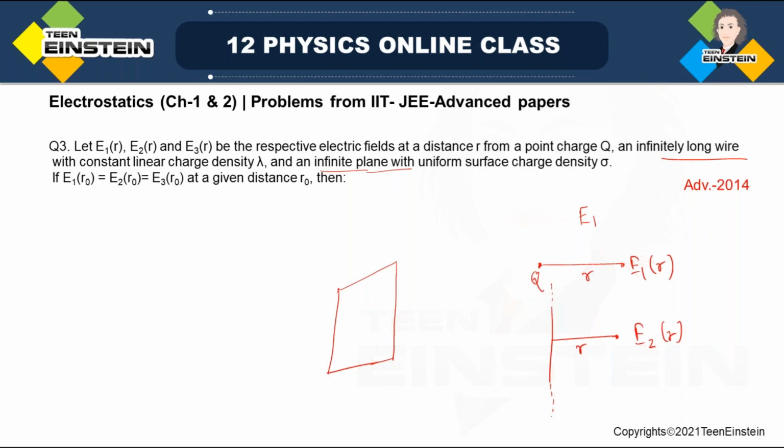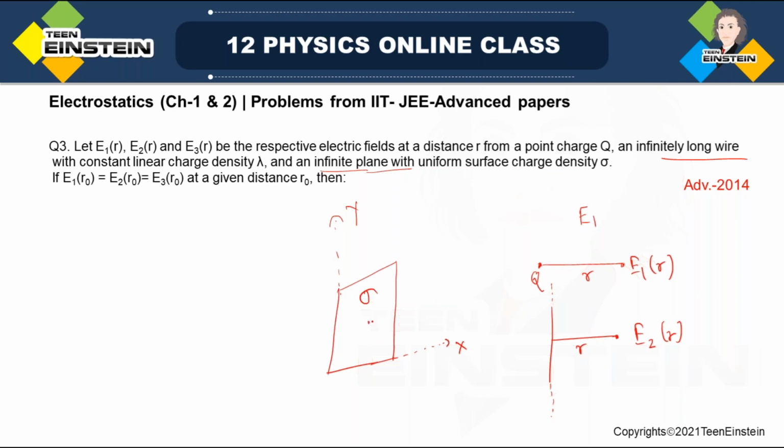Infinite plane means both the directions. Plane has two dimensions, so both the directions will be infinity. So if this is x and this is y, both the directions are going to infinity. So that is an infinite plane surface having uniform charge density sigma.